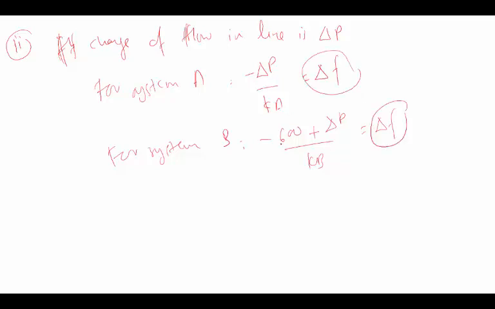You can make the equations similar. So negative delta P over KA equals minus 600 plus delta P over KB.